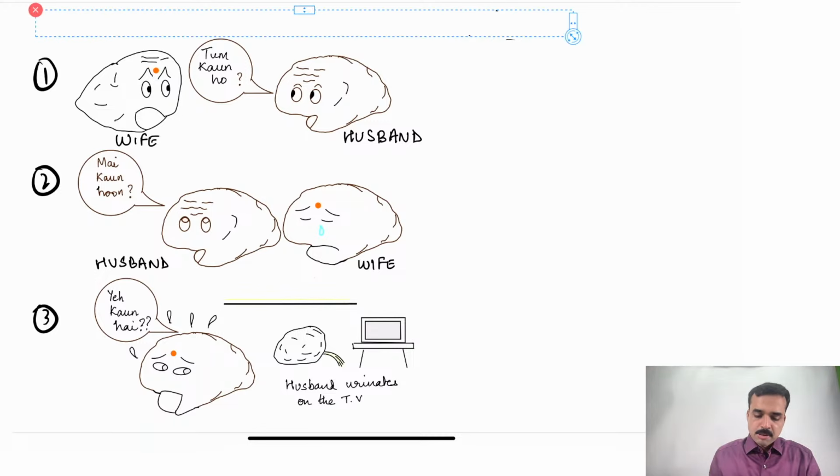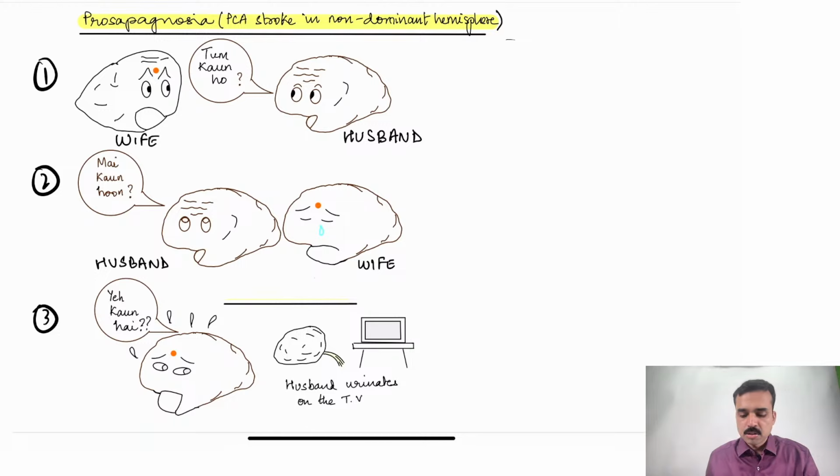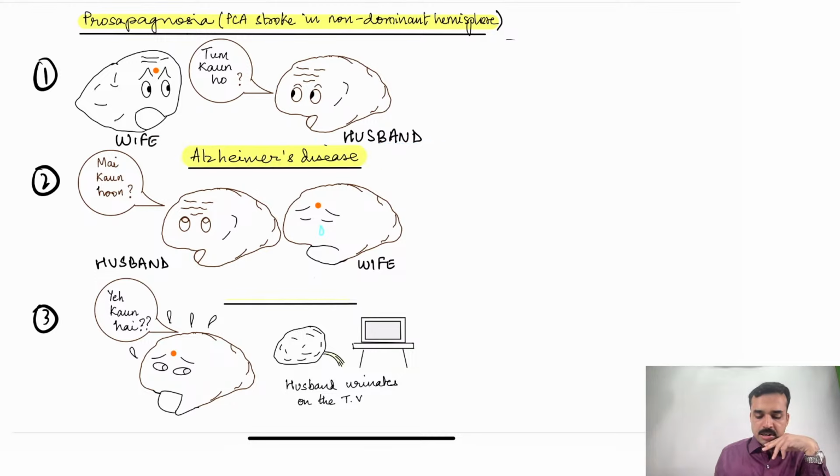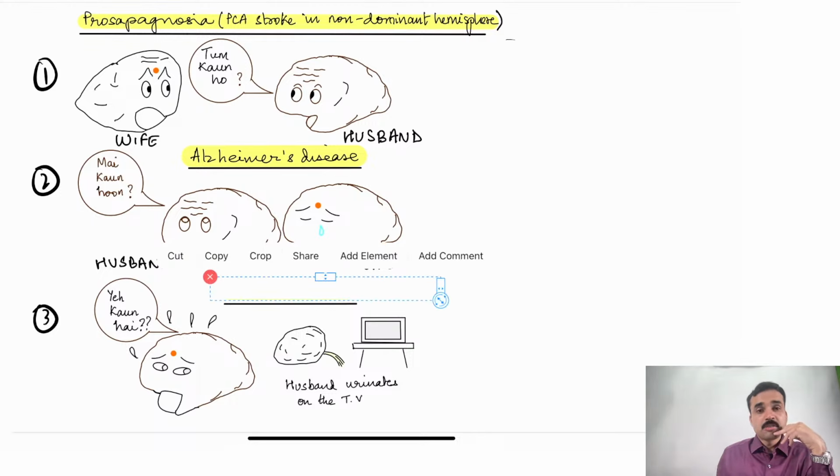Inability to recognize familiar faces is prosopagnosia, which can occur in strokes, especially in the non-dominant occipital lobe. Episodic memory loss is what characterizes Alzheimer's disease, where they are very forgetful and memory loss is a prominent feature. Memory loss is not a very prominent feature of frontotemporal dementia.